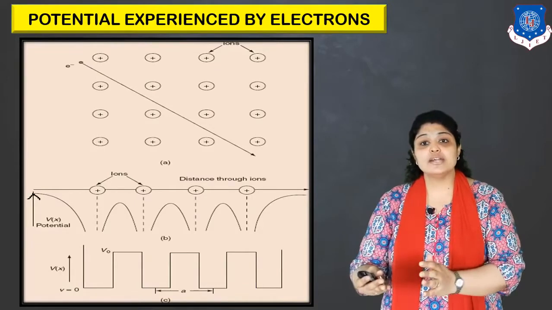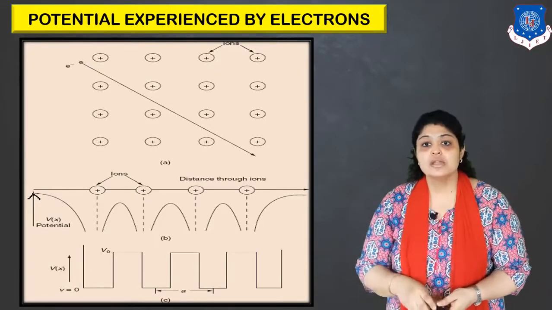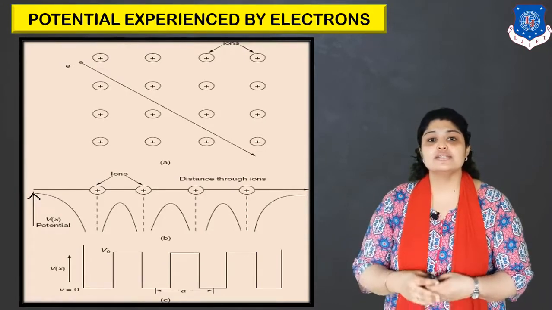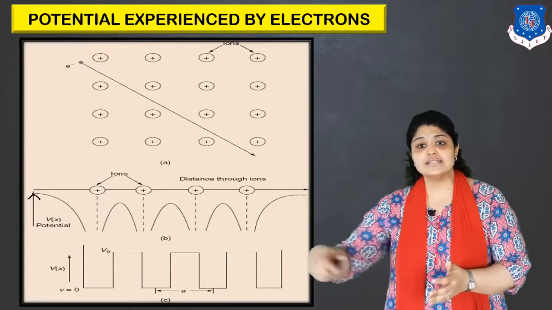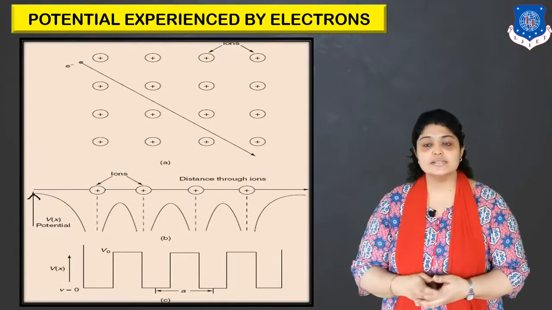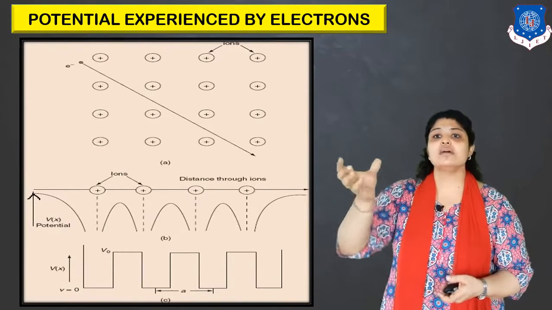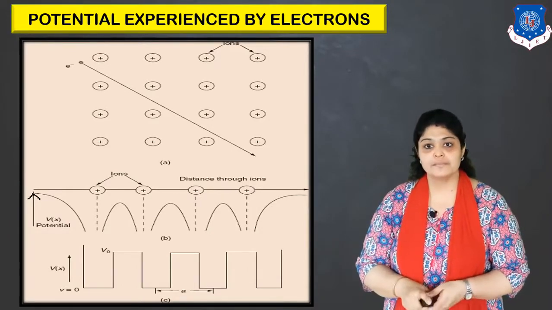Why is this arrangement periodic? Because the interatomic distance is fixed. The maximum potential the electrons achieve is denoted as V0. We have considered the x-axis, and V, that is potential, along the y-axis. So the maximum is V0 and it is exactly zero where you have the positive ion.